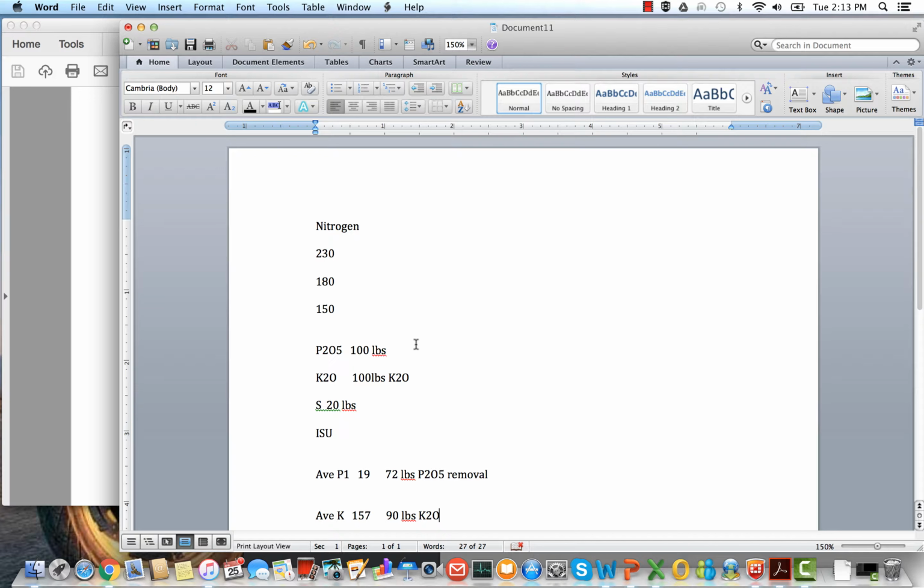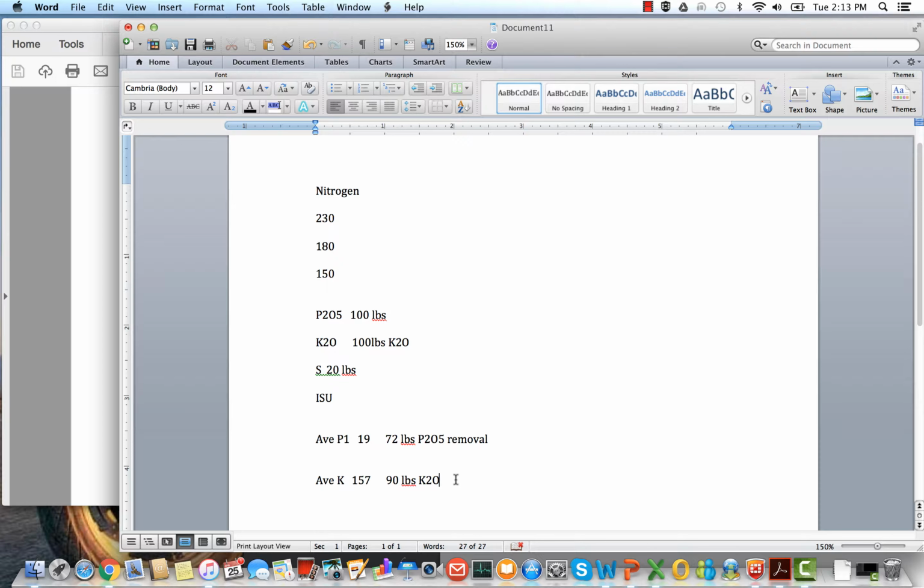So we've got a Midwest Labs recommendation, which would be 100 pounds of P2O5, versus the Iowa State recommendation, which is just removal only, of 72 pounds of P2O5. And we've got a K2O rec from the lab of 100 pounds of K2O, and the Iowa State rec is awful close, 90 pounds of K2O. What's the difference here?